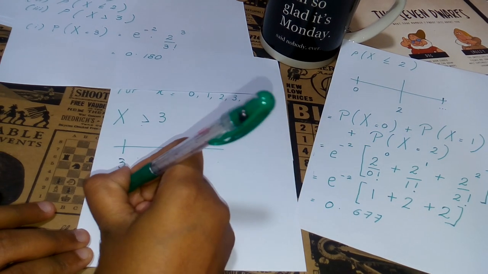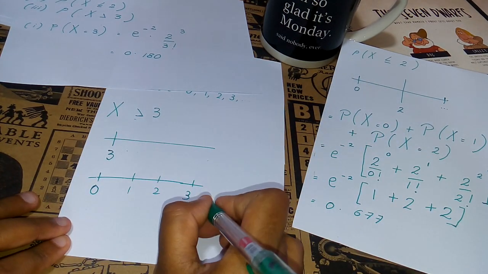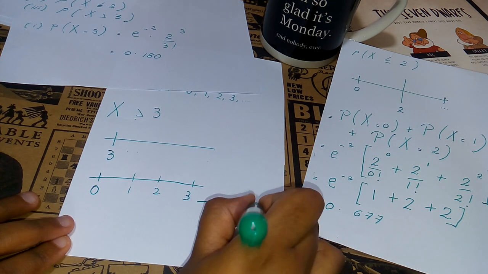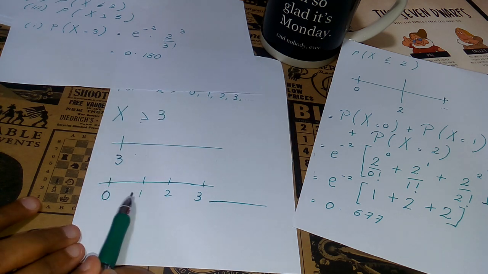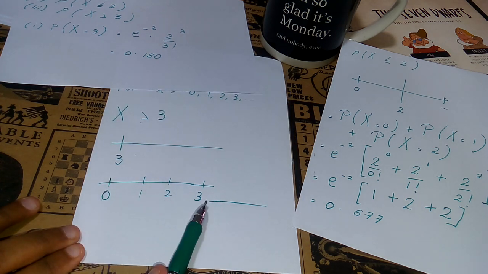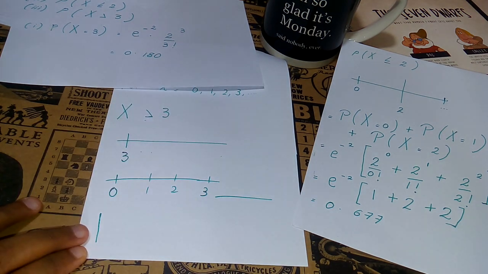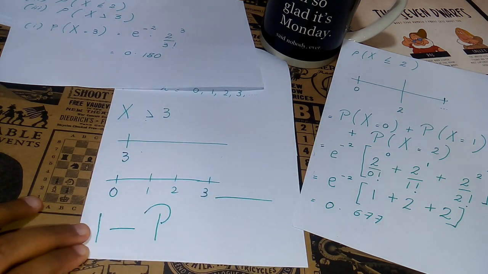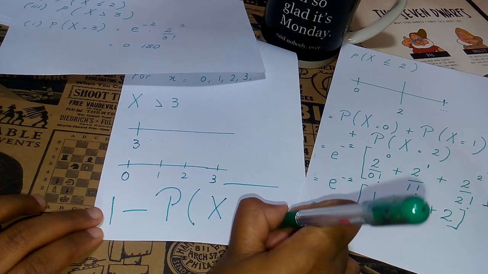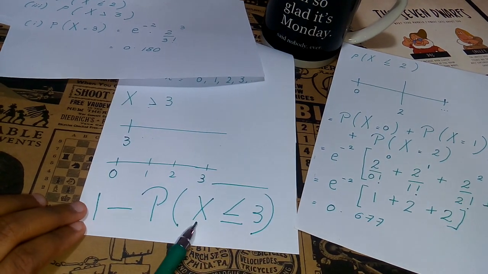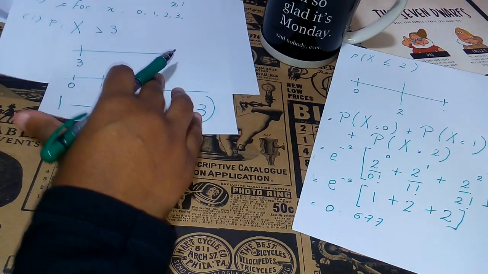So we have 0, 1, 2, 3. We need to find probabilities more than 3, so we're going to take 1 minus the probability of X less than or equal to 3. This includes 0, 1, 2, 3. So let's calculate this probability.